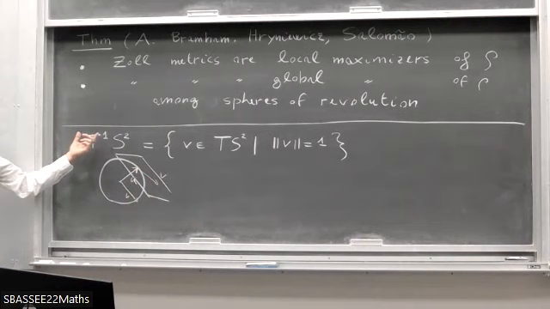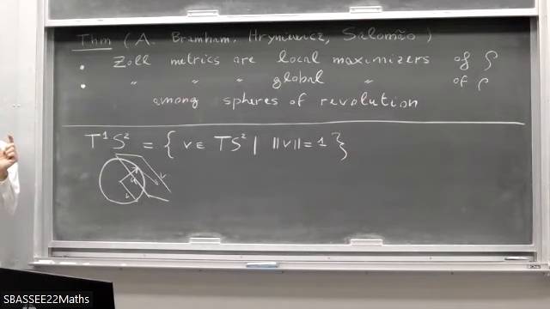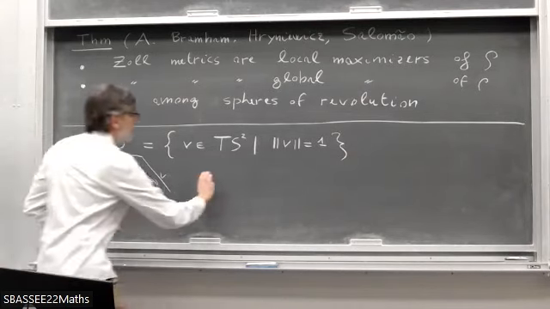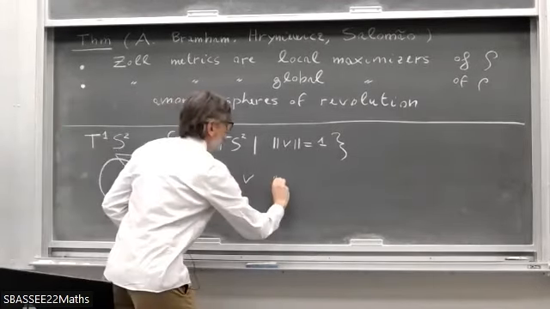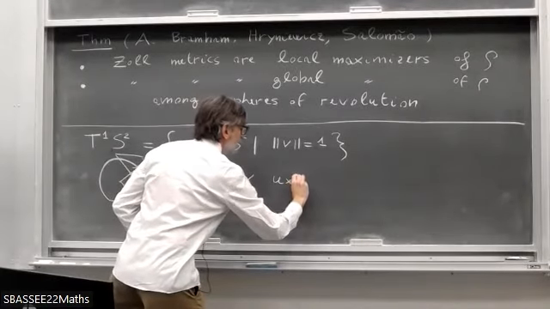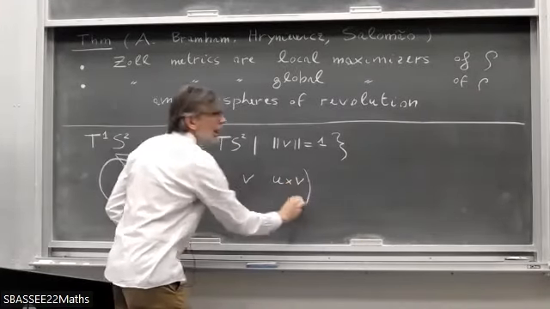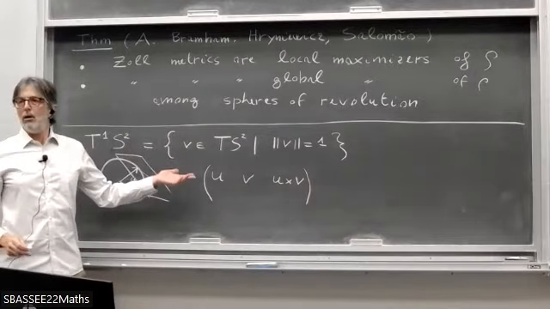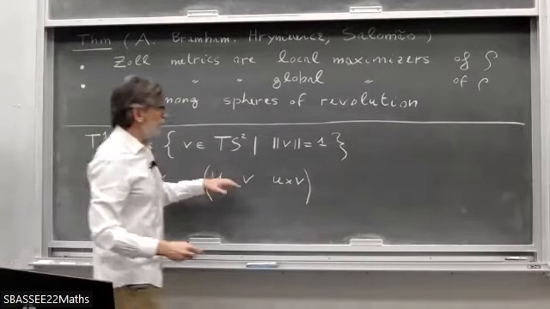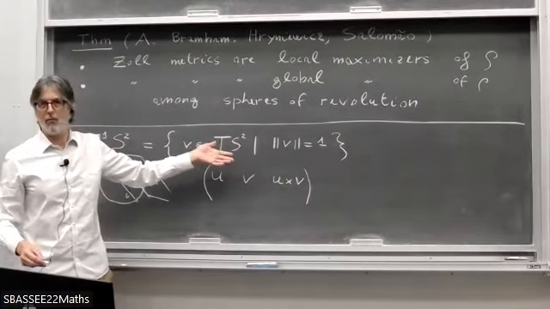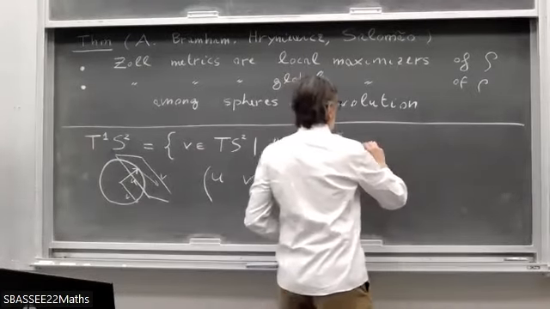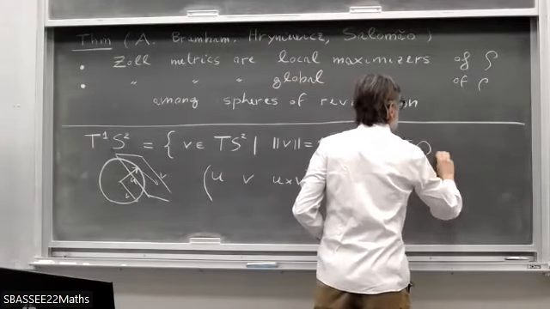So my unit tangent bundle of the sphere is associated to pairs of orthonormal vectors. Then if I have one vector and another which is orthonormal, and I write the vector product, I get a 3x3 matrix uniquely. So this is an orthogonal matrix with determinant 1. Okay? So these are orthogonal matrices with determinant 1. It's SO3.